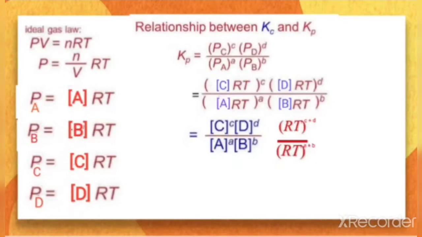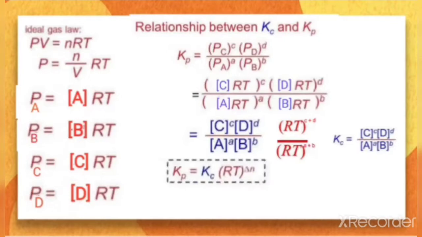Now here we got this term. Now we are familiar with this term. What is this? [C] to the power c, [D] to the power d divided by [A] to the power a, [B] to the power b. That is nothing but Kc. So we have learned this already. This term is actually Kc. Now we can rewrite this equation in this way.